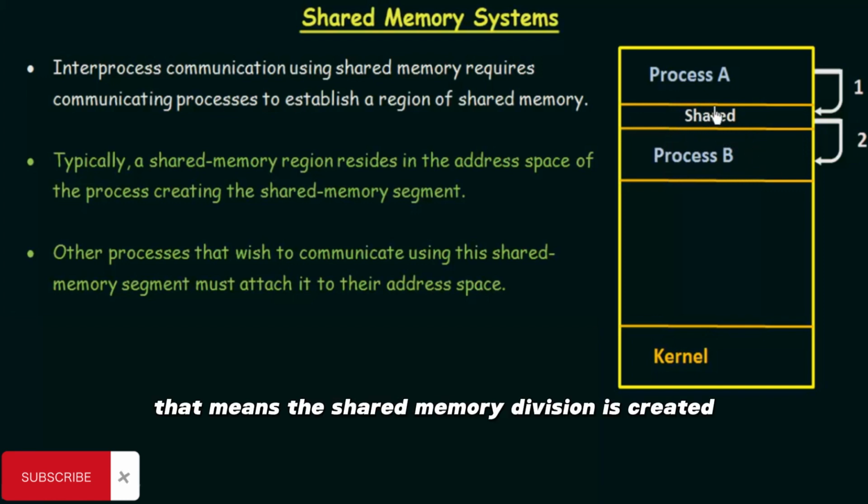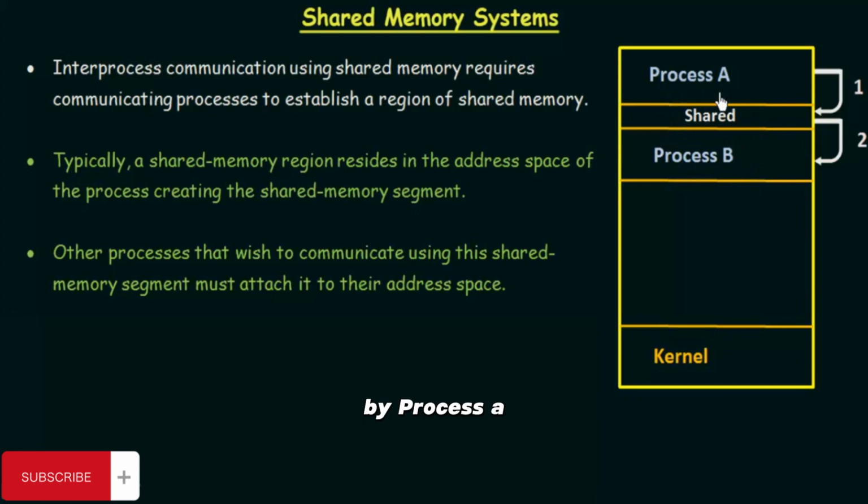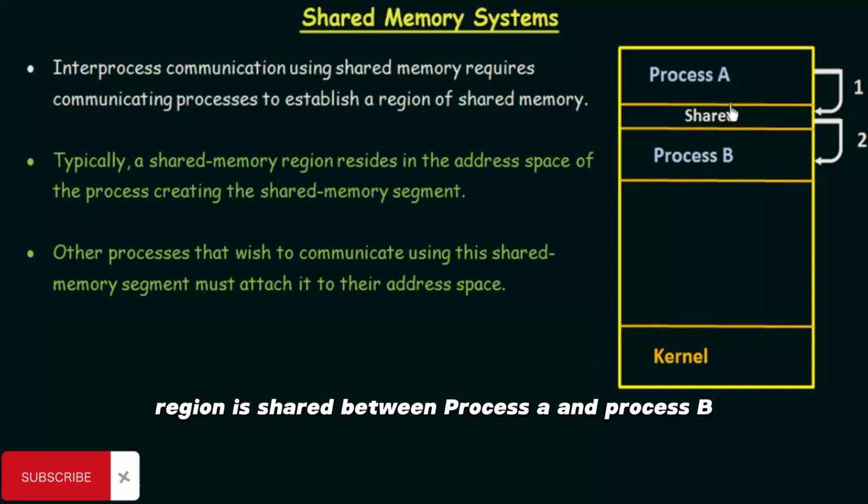That means the shared memory region is created by process A, which initiates the communication, and process B must also attach this region to its address space, so that we can say this region is shared between process A and process B. That is what we mean by this third point.